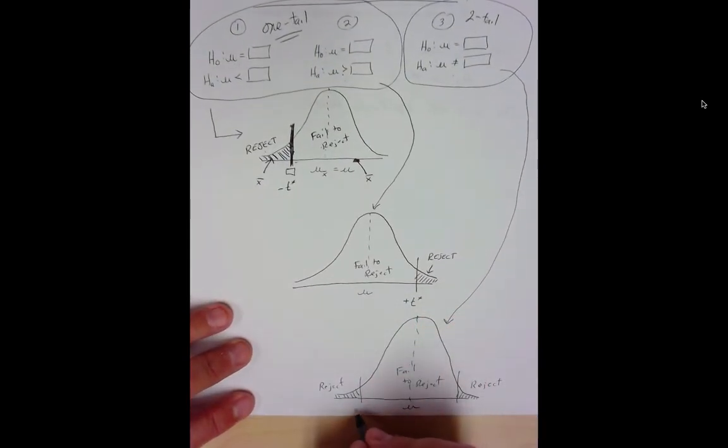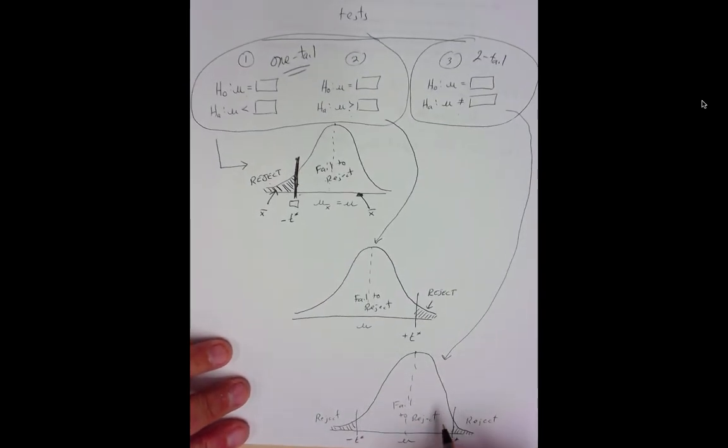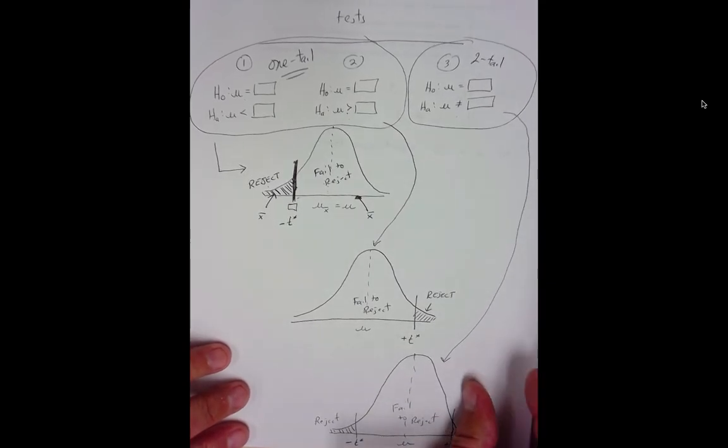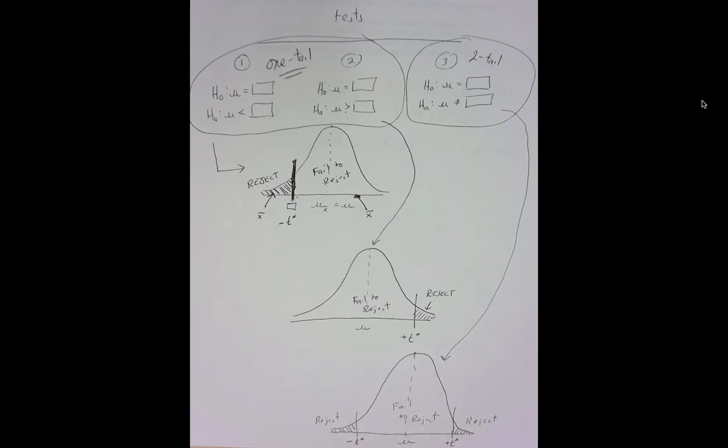And down here, we're going to have two cuts. We're going to have a negative T critical and a positive T critical because we have one of them above the mean and one of them below the mean. So guys, this gets fun. Finding these critical values is by far the hardest thing that we do in hypothesis testing. But guys, we'll get through it together, and we'll make it happen. You'll find out that it's doable if you'll just follow my videos.